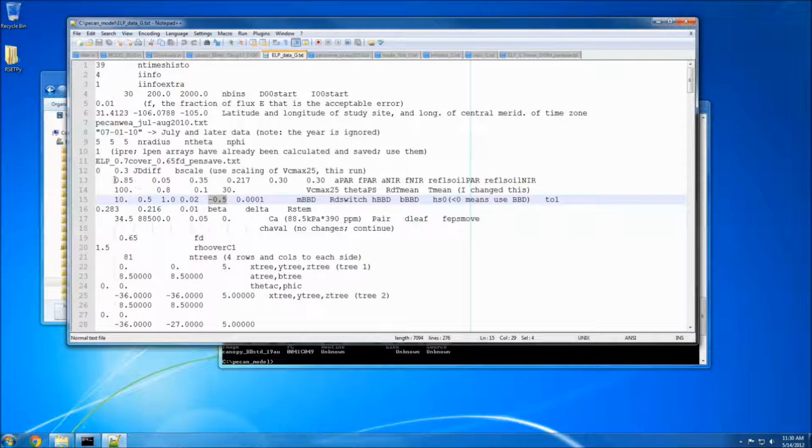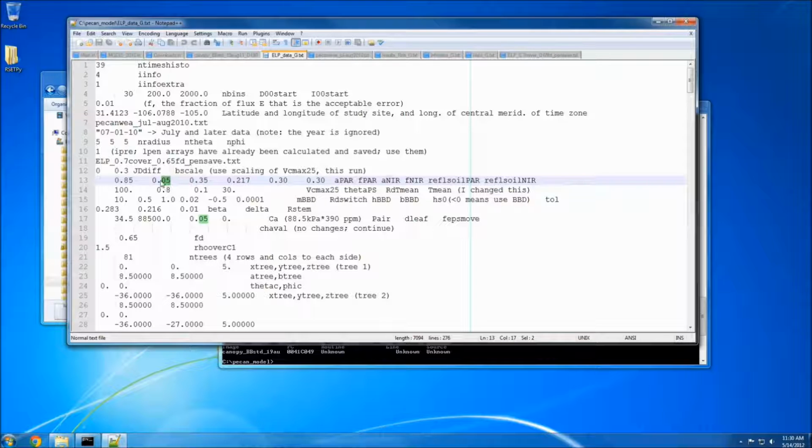Let me go back here now to some leaf optical properties on line 13. This says that the absorbance of the leaf for photosynthetically active radiation, PAR, is 85%, a very standard value for normal green leaves. Only 5% is transmitted through the leaf.